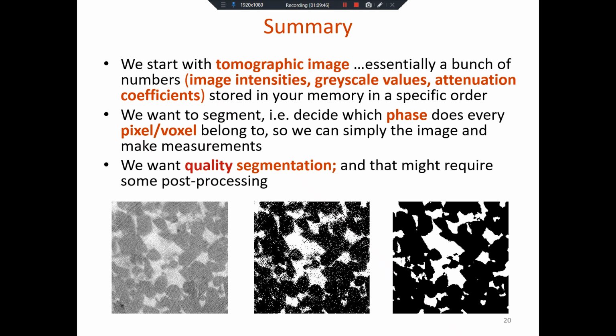Ultimately, you do want quality segmentation because everything else depends on it. So you do have to evaluate your result, like how many small features there are, depending on what you want to do later. You will then evaluate whether your image is good enough for that purpose.